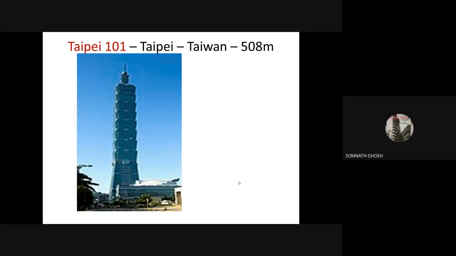No. It is also related to the wind effects on the structure. So don't think that they are changing the architecture just casually. No, it has got some other structural behavior aspects also.